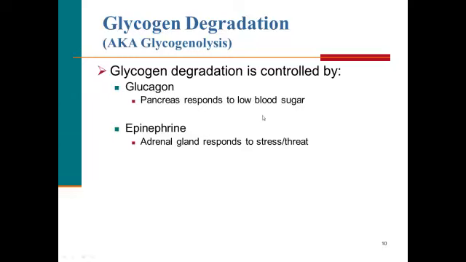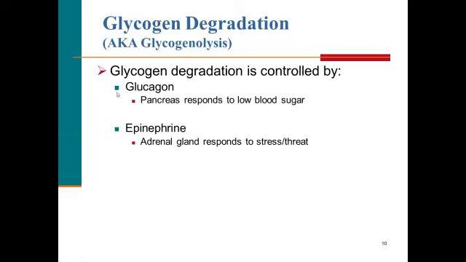When the blood glucose levels drop, the pancreas will respond by secreting glucagon. Glucagon will be a signal to your liver that there's a need for glucose to be generated and added back into the blood for the use of the red blood cells and the brain.